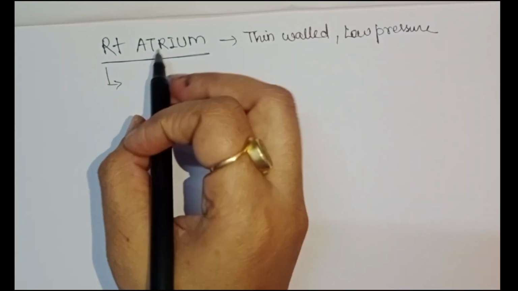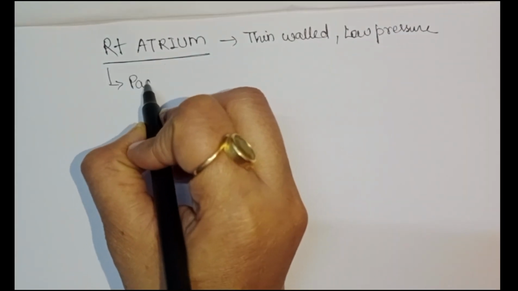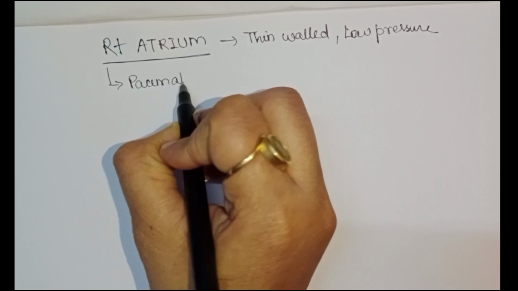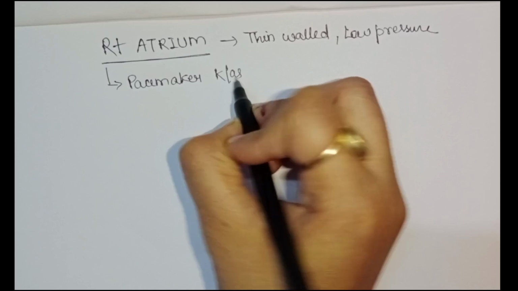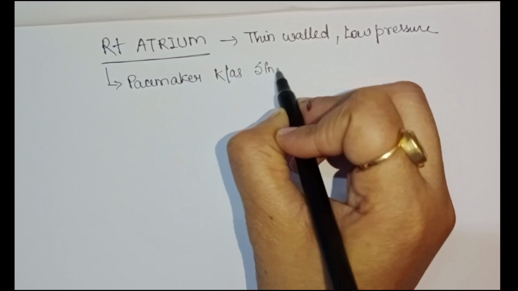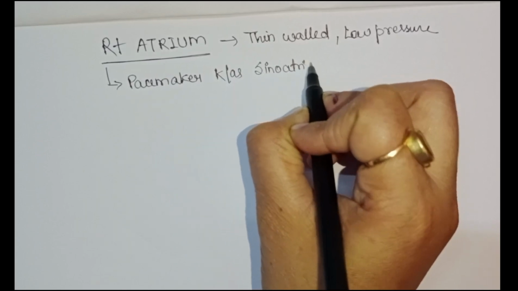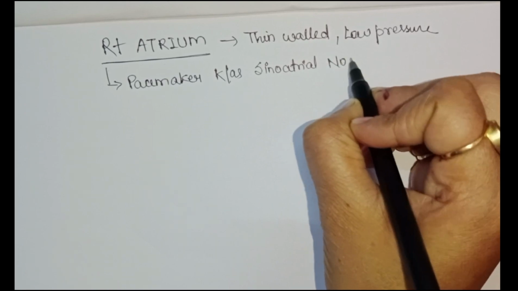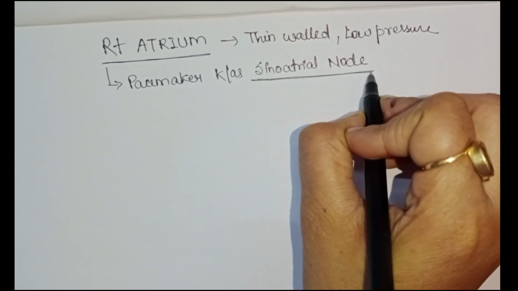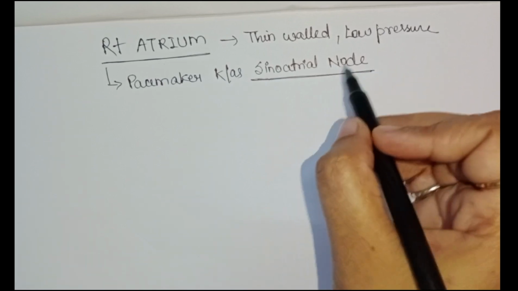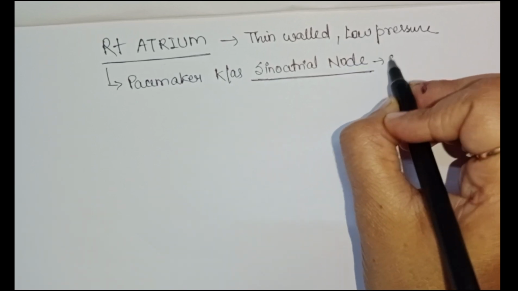The right atrium has the pacemaker known as the sinoatrial node, the sinoatrial node that produces the cardiac impulse.